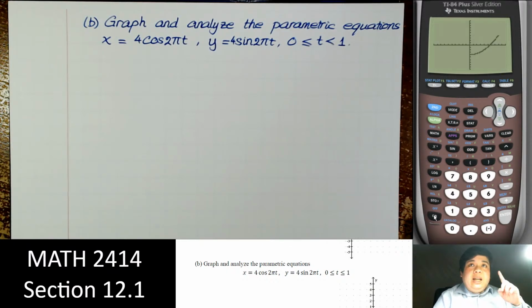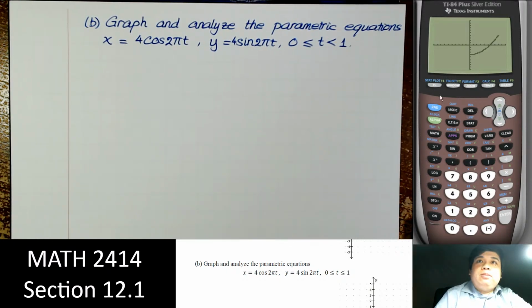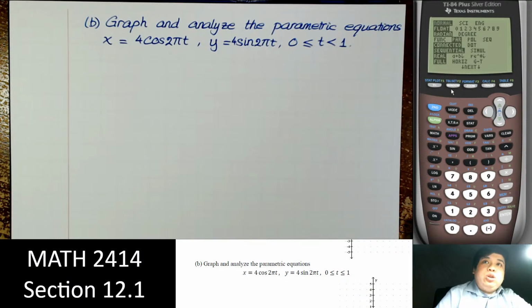Right. So let's try to graph this function. By the way, there's a pi here and sine and cosine, so this definitely has to be in radian mode, which is good. So radian mode and parametric form.